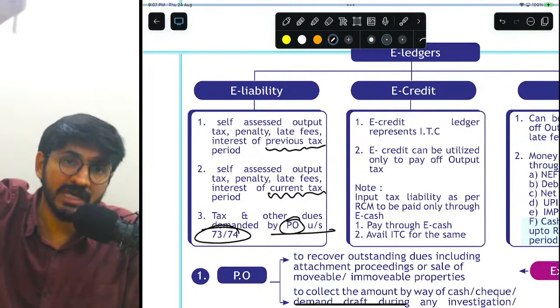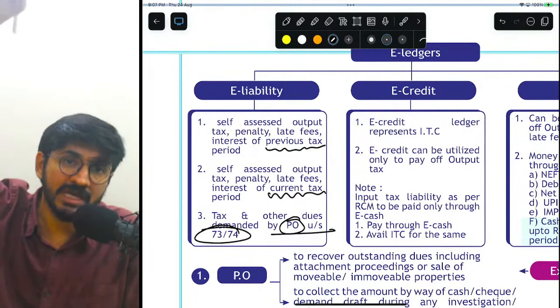Second, I have said that input tax credit can be used only to pay off output tax. So for that matter, I would again like to say that input tax credit cannot pay input tax liability as per RCM. So remember that. Then what to do in case of input tax liability?